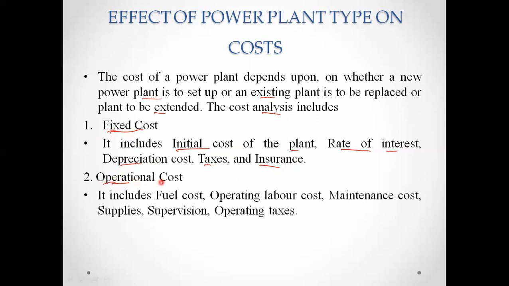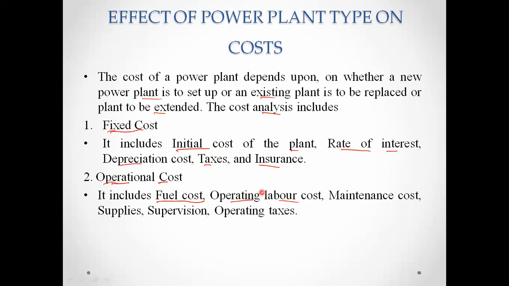Then comes the operational cost. Operational cost includes the fuel cost. For a thermal power plant we have to use coal, and in the same way a nuclear power plant uses uranium. Then operating labor cost, because labor will be working here.